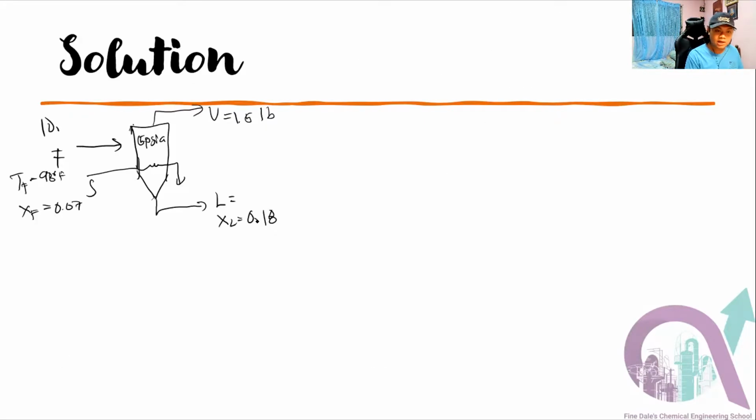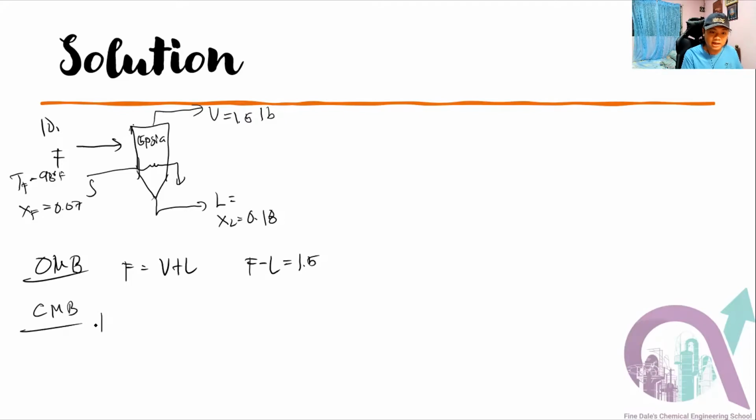So what we will do here is the overall material balance, which is just the feed is equal to vapor plus the thick liquor, which is 1.5. Okay, so we also have our component material balance.